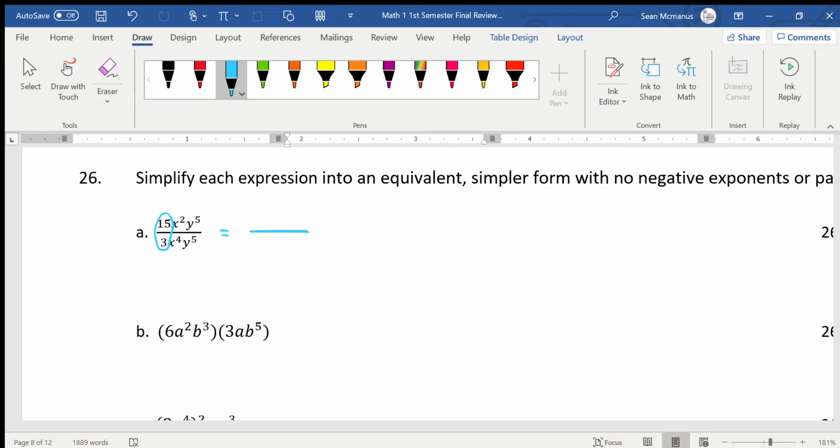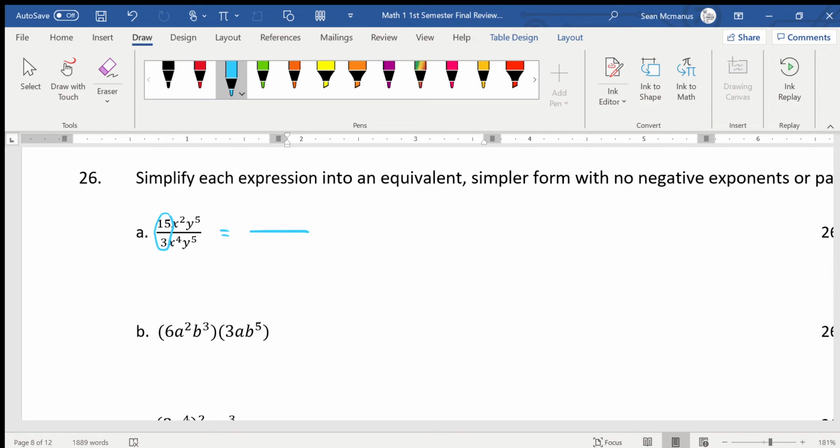This is a fraction, right? So I had some people this last exam even still wanting to apply the exponent rules to the coefficient, to the numbers, right? If I look at the x's, when I divide, the exponents subtract, right?